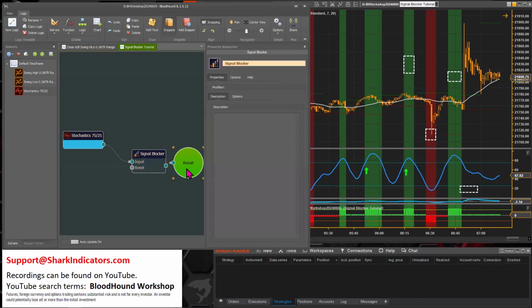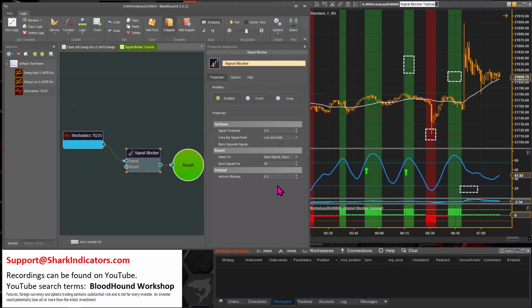Let me increase this to 0.3 so we can see the actively blocking a little bit more. What is actively being blocked are long signals, so the word signal in this situation is referring to long signals.